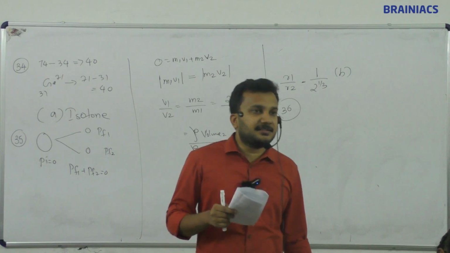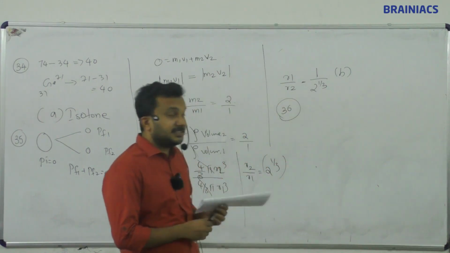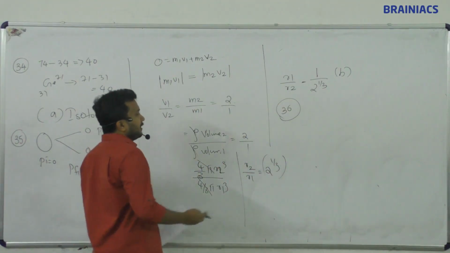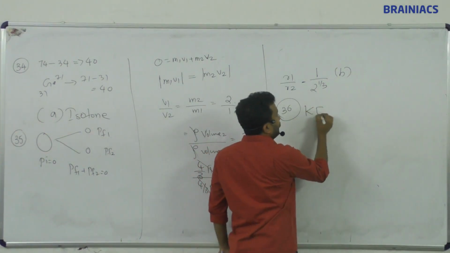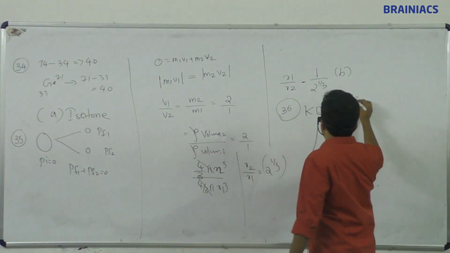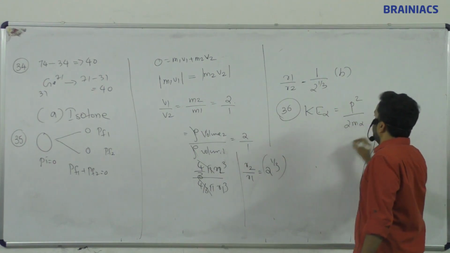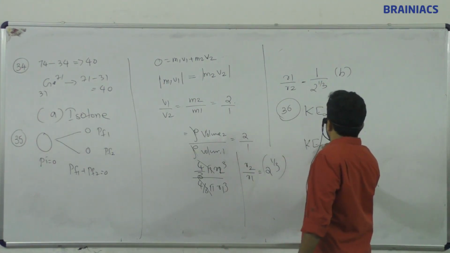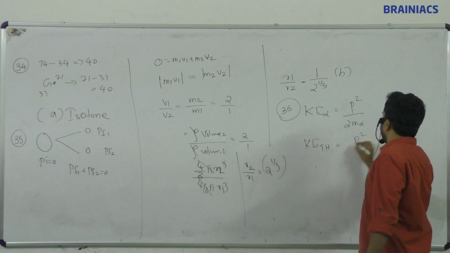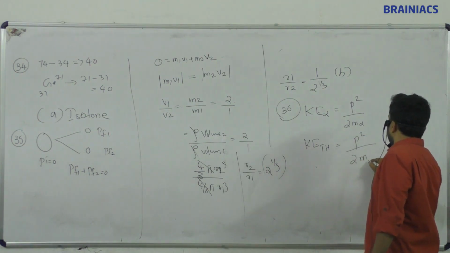So what is the kinetic energy equation? Momentum is the same. Kinetic energy of alpha is equal to P square divided by 2m alpha. Kinetic energy of thorium is equal to P square divided by 2m Th.